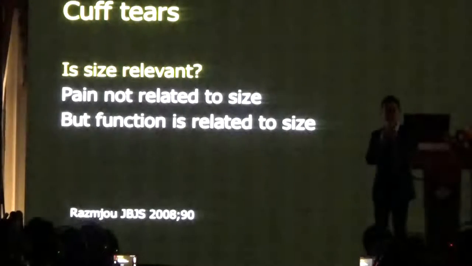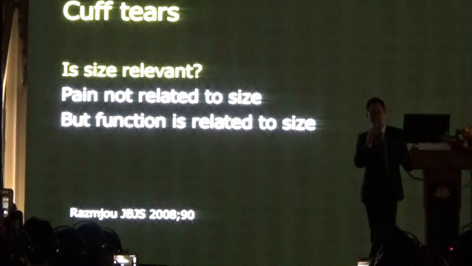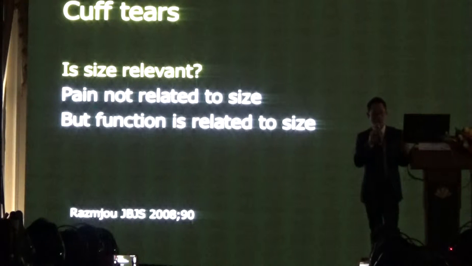When it comes to looking at rotator cuff tears, it's important to realize that the pain that the patient experiences is not related to the size of the tear, but we know that the function of the patient is related to the size of the tear. So the bigger the tear, the poorer the function of that shoulder.